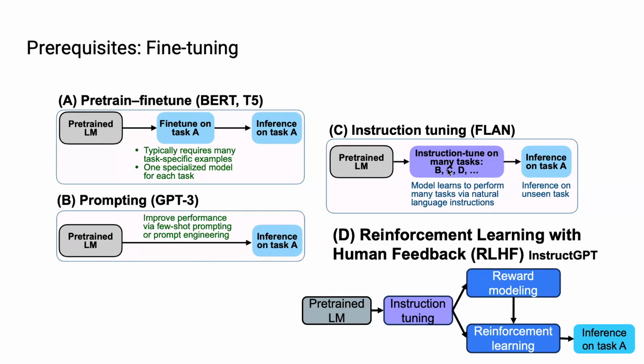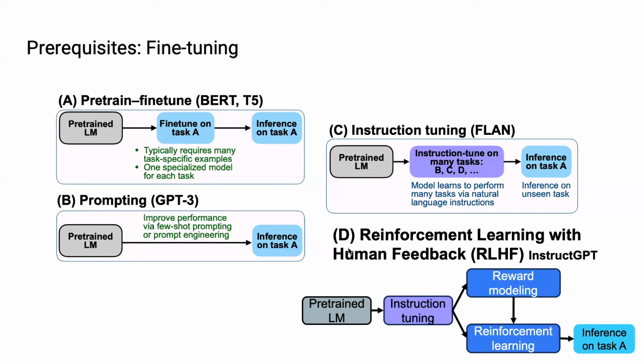For the FLAN model, they collect a lot of pairs of instructions and desired outputs, and then directly fine-tune the pre-trained language model on lots of tasks. The concept is that if the model has seen lots of tasks, instructions and outputs, we hope it can also generalize to other instructions and give the desired outputs on unseen tasks. So that's the FLAN model.